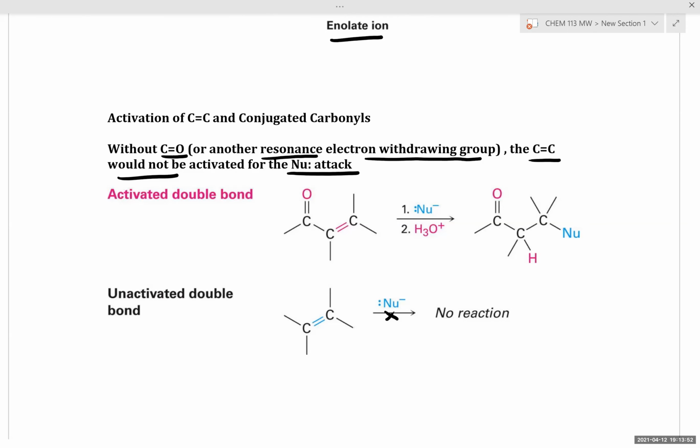If you wanted to functionalize that alkene, you would have to use a different set of reagents. Does everyone see how only activated alkenes react with nucleophiles? Does that idea make sense? Any questions on this idea?